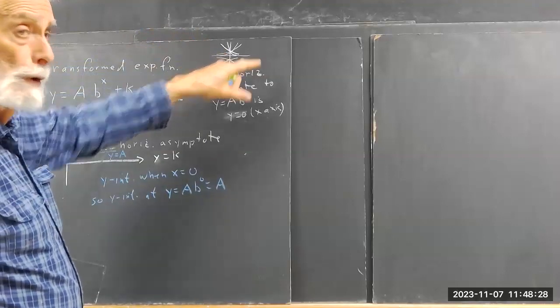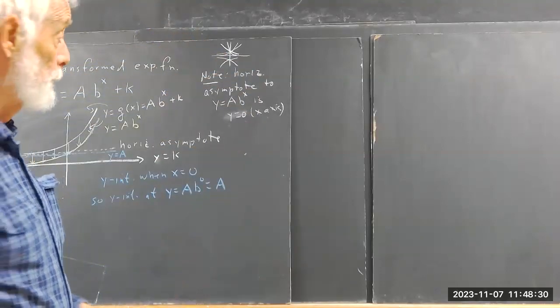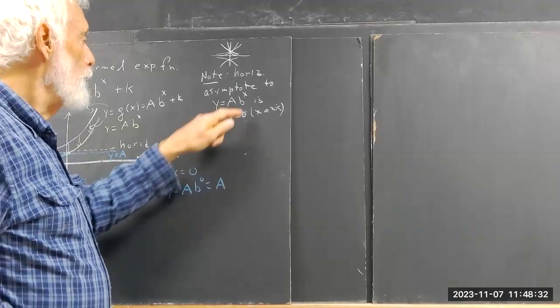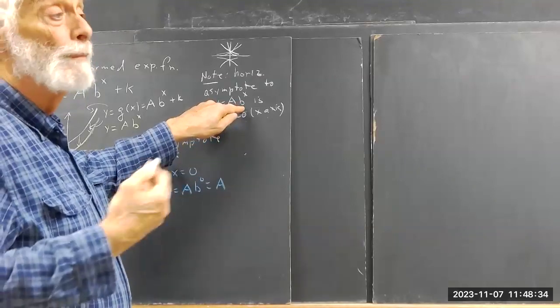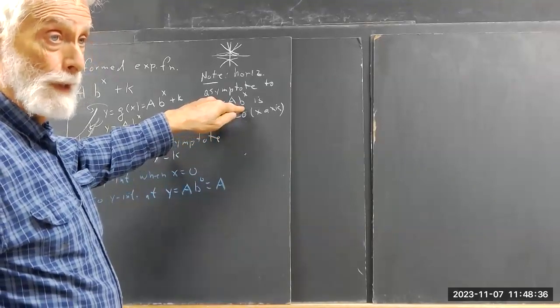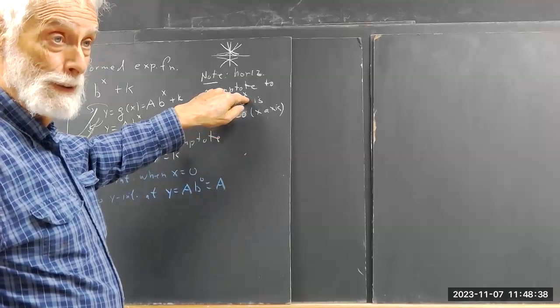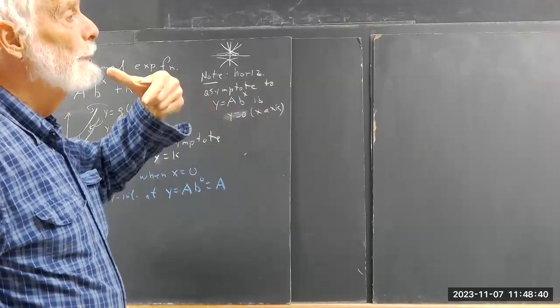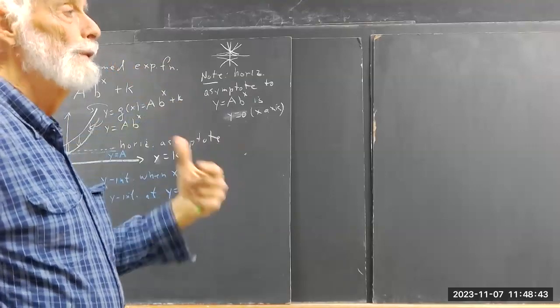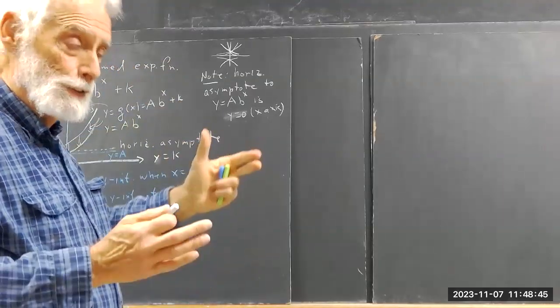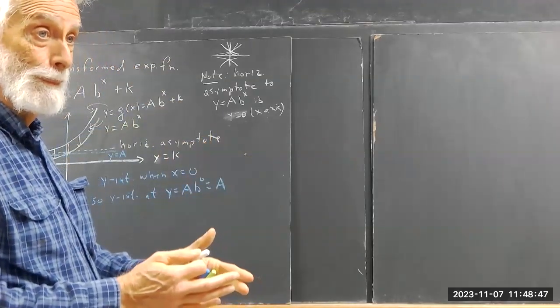Any one of these curves approaches the x-axis as an asymptote because whatever b is, if b is greater than 1, you take a negative power of b, and every time you take a bigger negative power of b, it gets smaller.